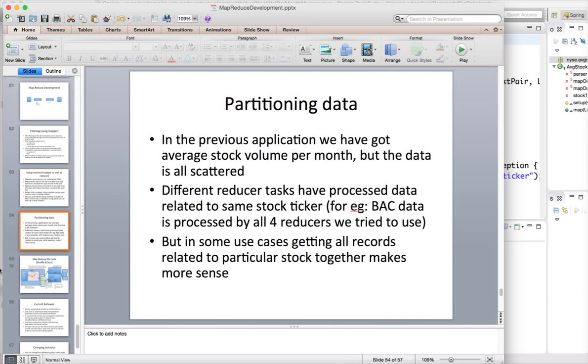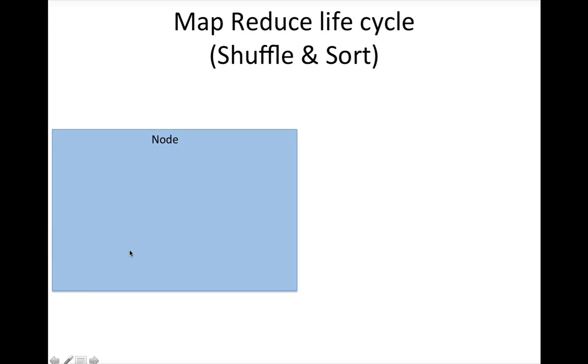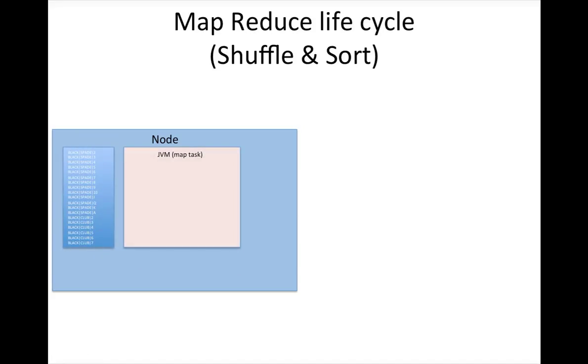That being said, let's go back and revisit how the entire flow works once again. So you have the data in HDFS, and when you try processing the data, there will be map tasks like this, and for each record the map task will be invoked. So if we have 52 records in a file, the map task will be invoked 52 times, once for each record.